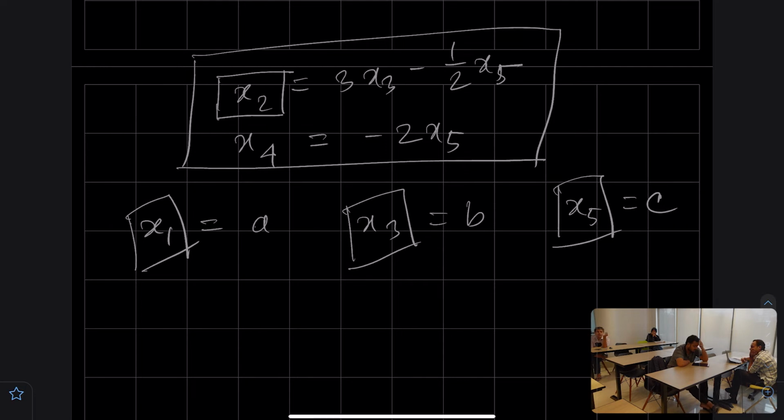But in the case when all these 3 variables are 0, you also get x2 and x4 to be 0. Plug in those values and you get the trivial solution, everything is 0.